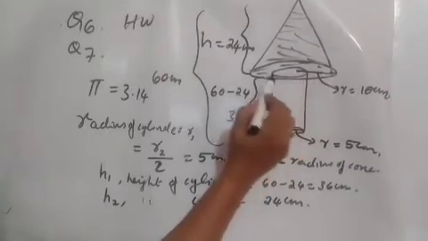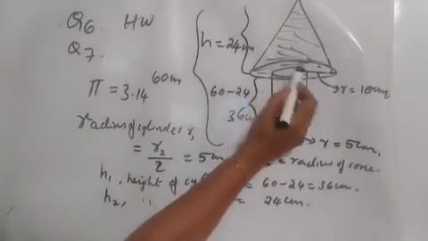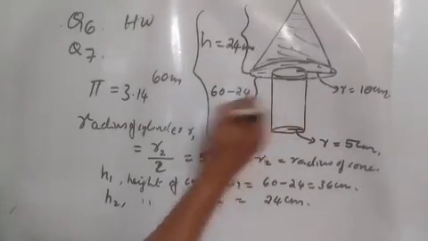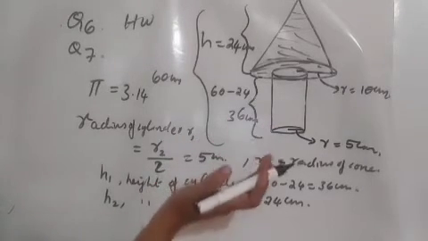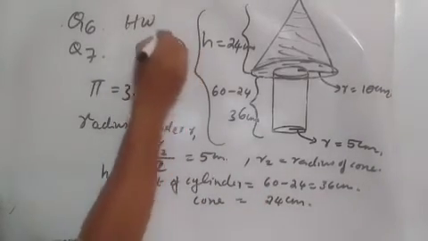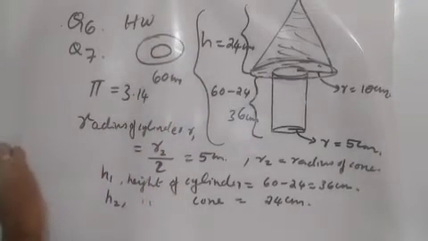How much area we want to paint? So we have to paint the conical base, but this base of the cone is in the shape of a circle, and this base of the cylinder also in the shape of a circle, but it is connected to this. So if we watch that face only, you can see like this. This is the base of the cone, and this is the base of the top of the cylinder.